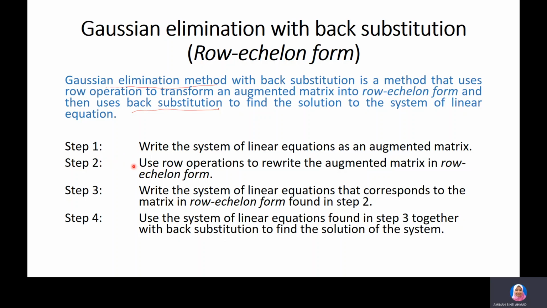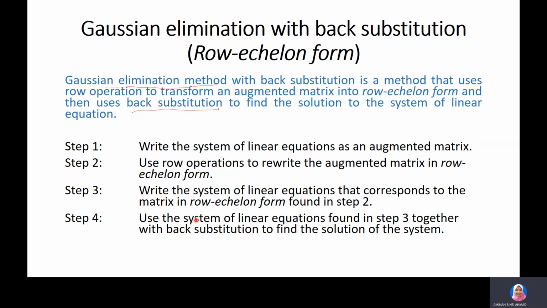Step 2, use row operations to rewrite the augmented matrix in row echelon form. Step 3, write the system of linear equations that corresponds to the matrix in row echelon form found in step 2. And the last step, use the system of linear equations found in step 3 together with back substitution to find the solution of the system.